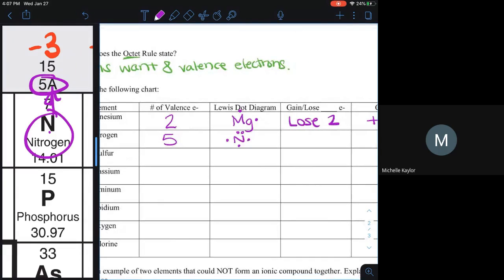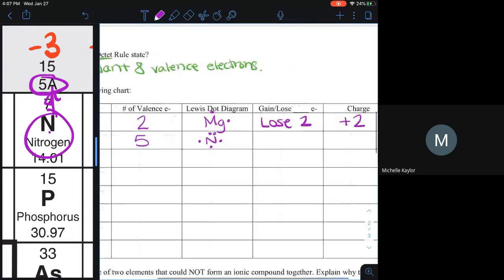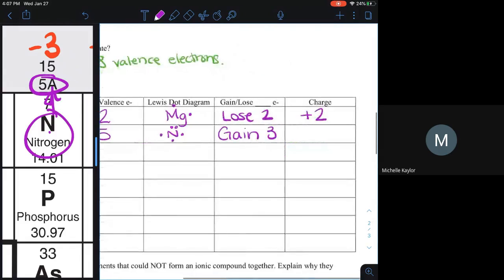Again, can't gain or lose more than 3. So nitrogen can't lose 5, not possible. But it can gain 3. It currently has 5. If it gained 3 more, it would have 8, and it would be happy. So it's going to gain 3, and remember again, it is gaining negative charge. It's gaining electrons, which means its charge will be -3. So when you gain electrons, you become negative. When you lose electrons, you become positive.